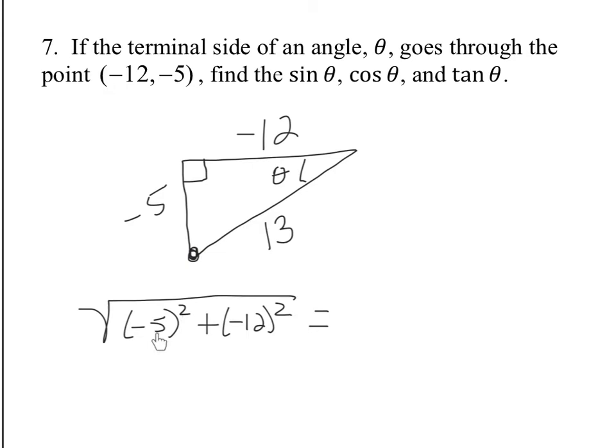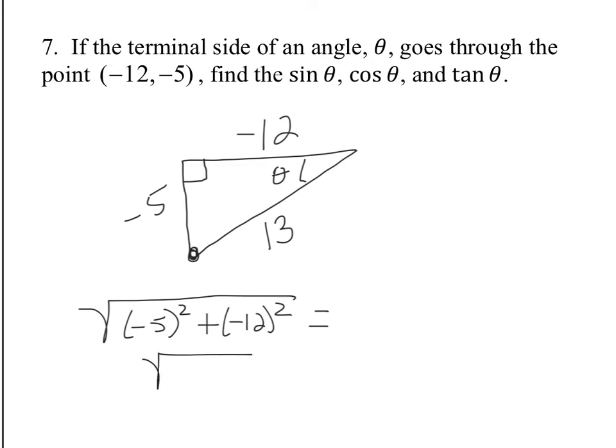It is 25. So we have 25 plus, and -12 squared is not -144. If you end up with a negative number underneath this radical, you need to stop and think, did I forget to use parentheses? Or did I square that negative number wrong? You need to ask yourself that, okay?